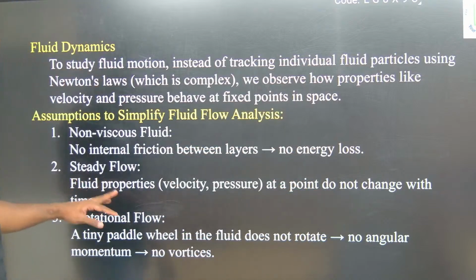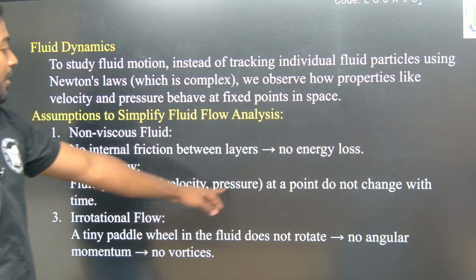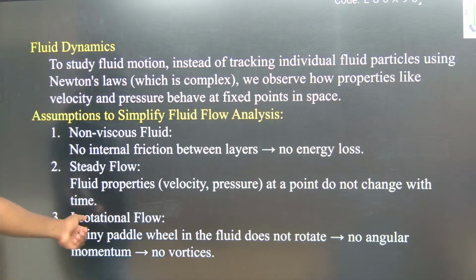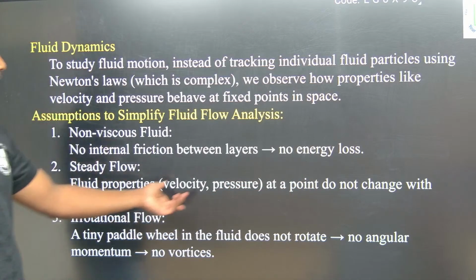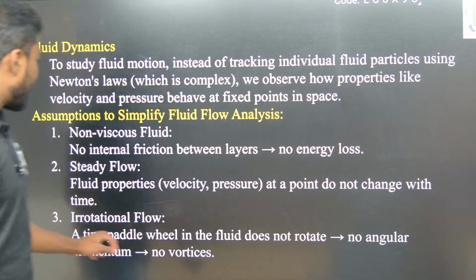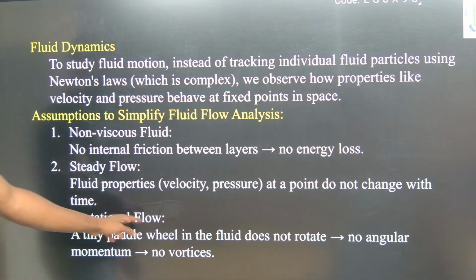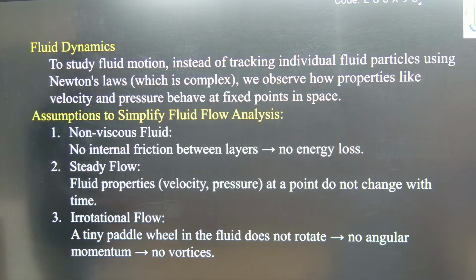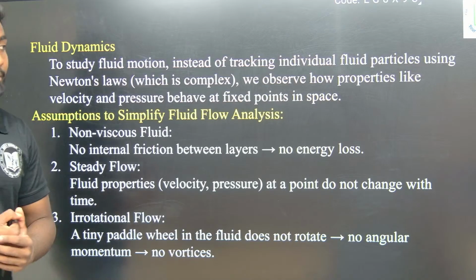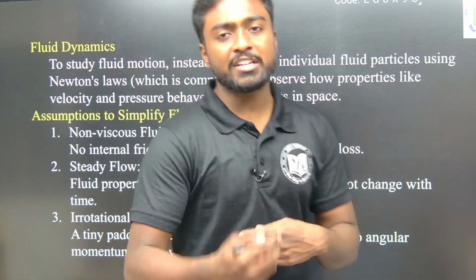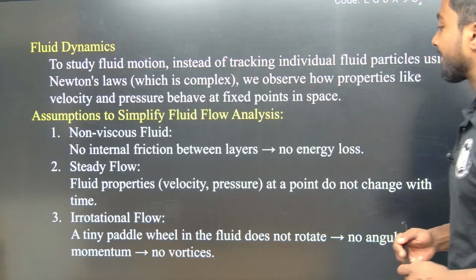Steady flow means fluid properties at a point do not change with respect to time, so velocity and pressure will not change. Irrotational flow means a tiny paddle wheel in the fluid does not rotate, no angular momentum. When there is no rotation, there will be no angular momentum, right?